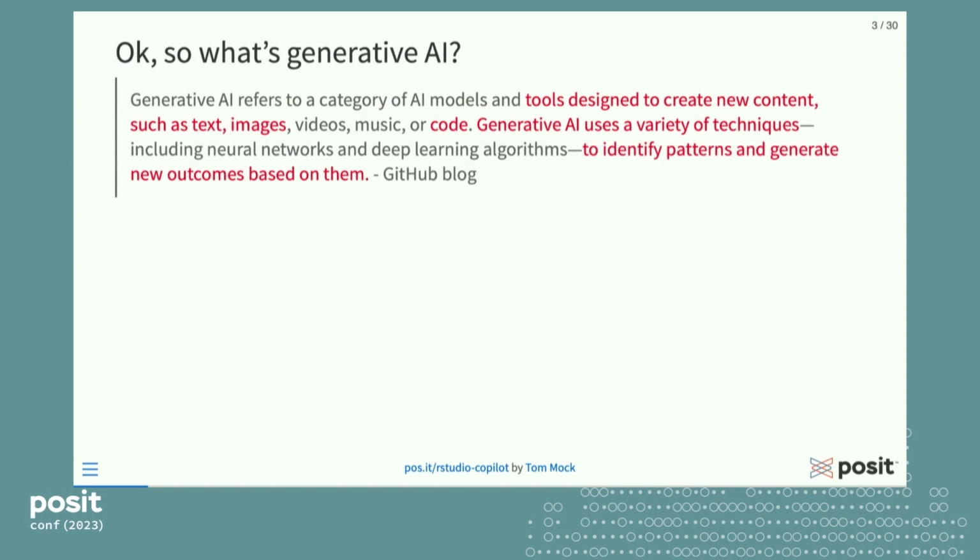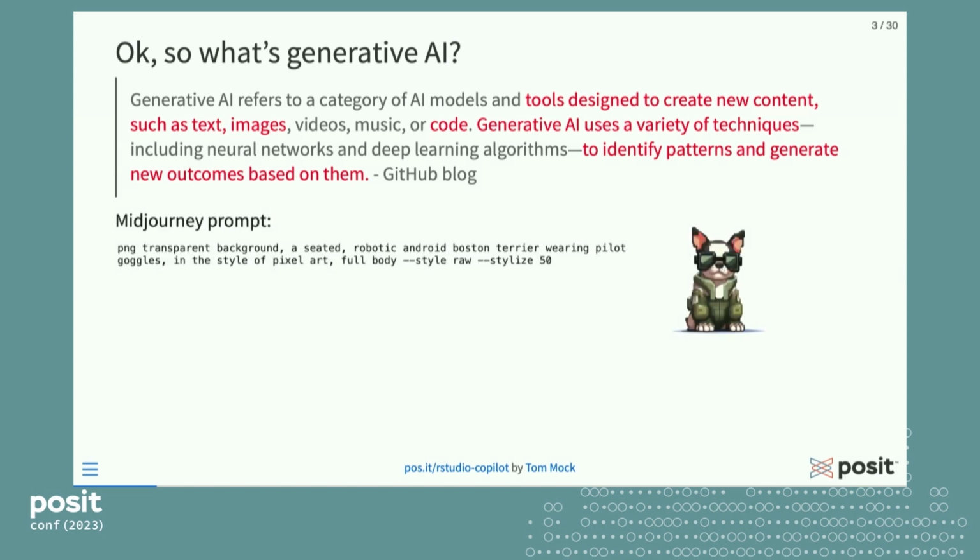To really understand what Copilot is, I first want to just briefly mention the idea of generative AI, which is a tool that's designed to create novel or new content, right? So it's been trained to identify patterns and then generate new outcomes based upon them. For today's talk, I was playing around with Midjourney, which is another generative AI tool for creating images.